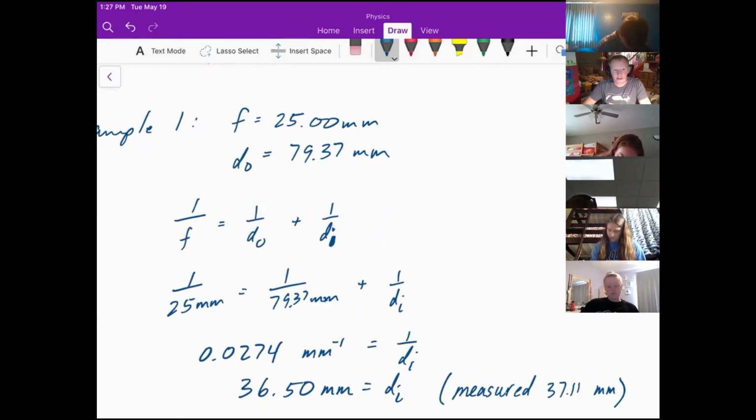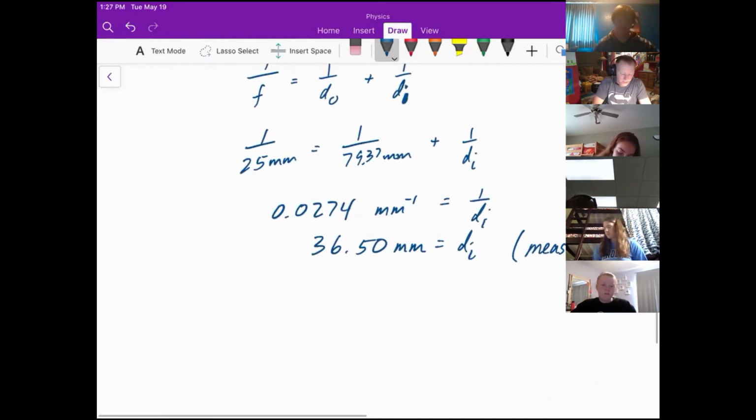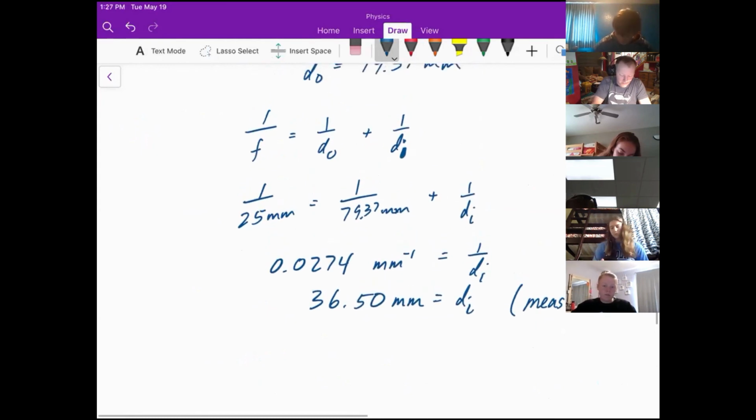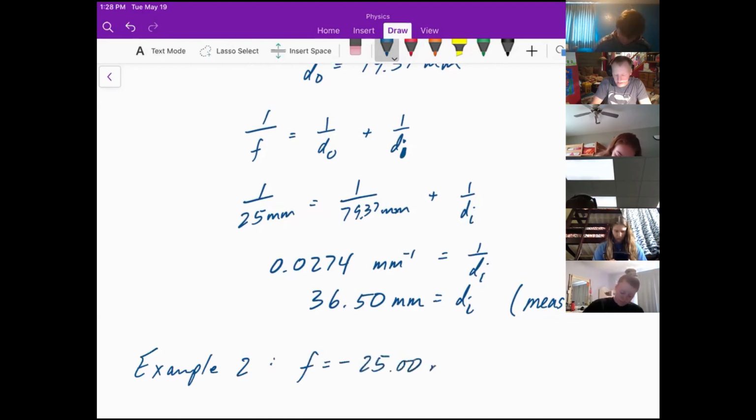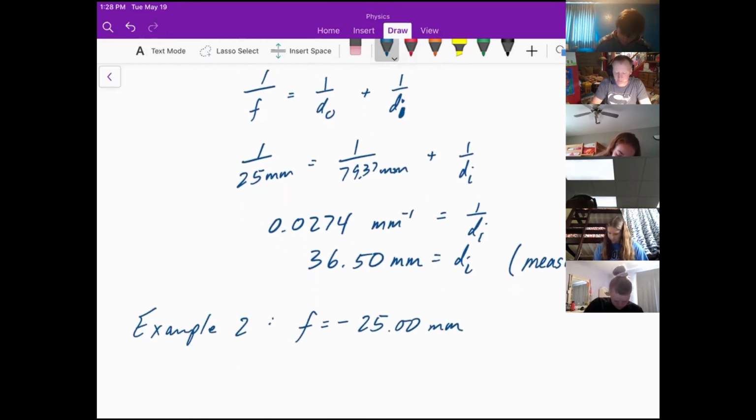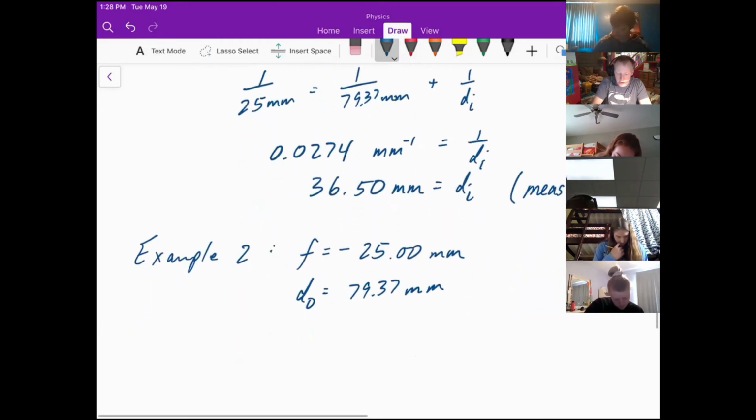If we go down to example 2, the only difference was we had a focal length now of -25 millimeters. In this formula, we'd usually say a 25 millimeter concave lens, but it's negative for our formula. The object distance is 79.37 millimeters. We set it up in the exact same way.